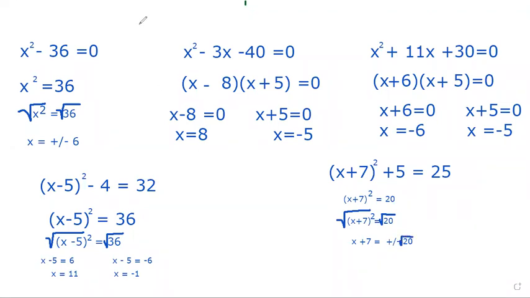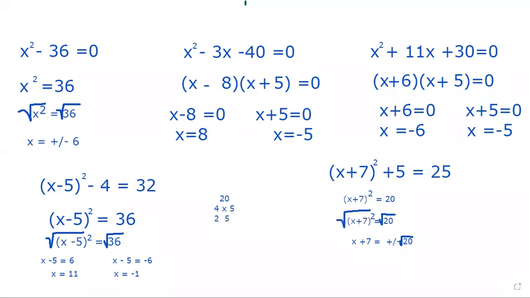Now, this is what I want us to do. I'm coming out to my scratch paper. Let's say this right here. How do we break down a 20? With this 20, we could use 4 times 5. And from the 4, that's going to turn to 2 square root of 5.